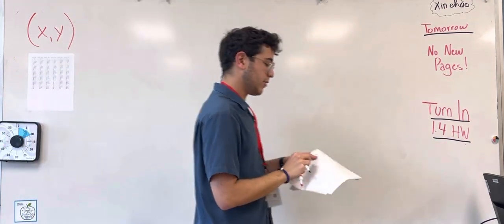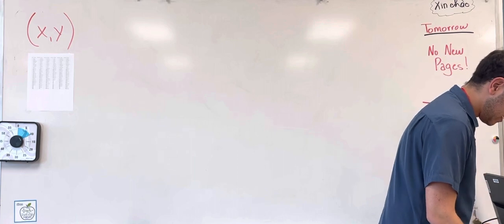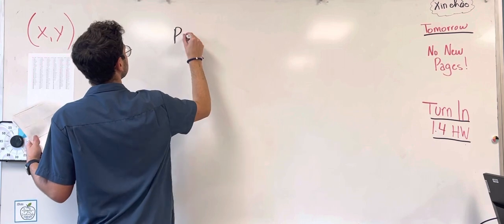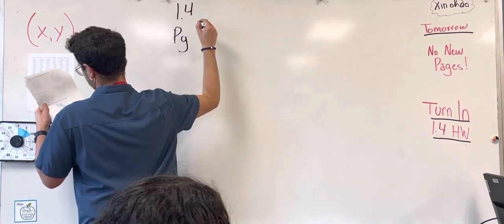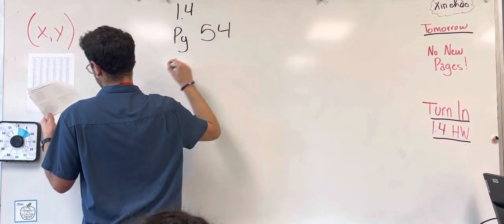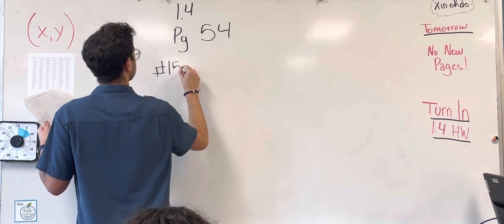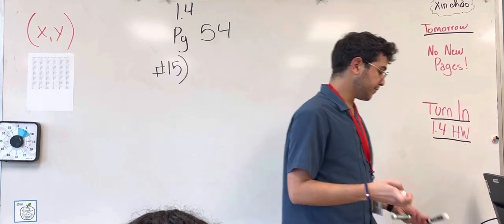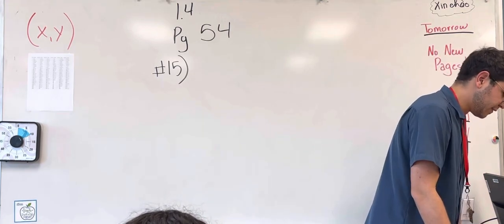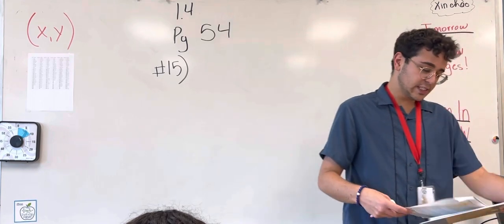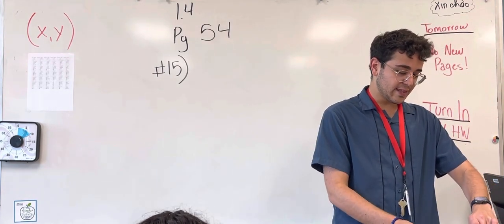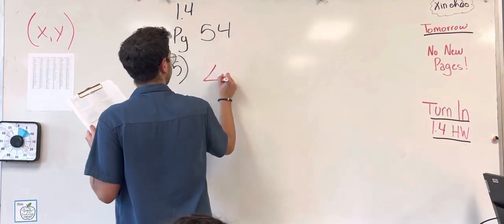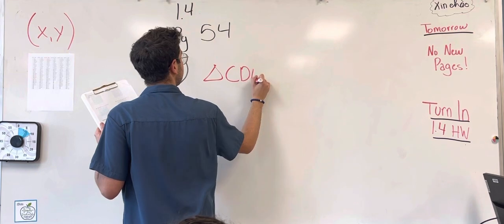I'm going to tackle some very difficult problems. So we're going to start with number 15 of the homework on page 54. We're going to use the diagram to find the perimeter and the area of the polygon, starting with triangle CDE.